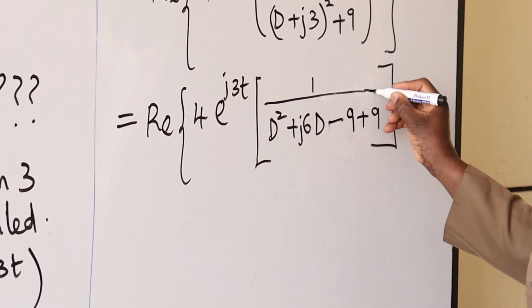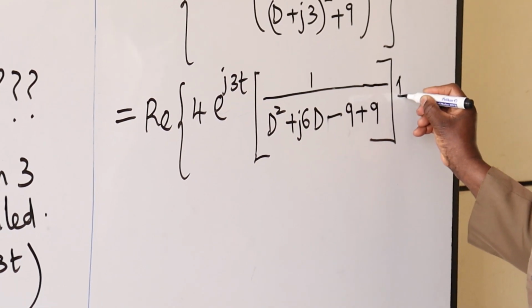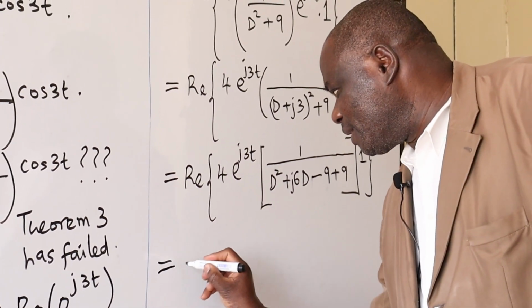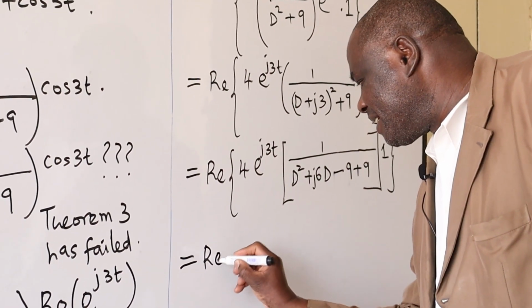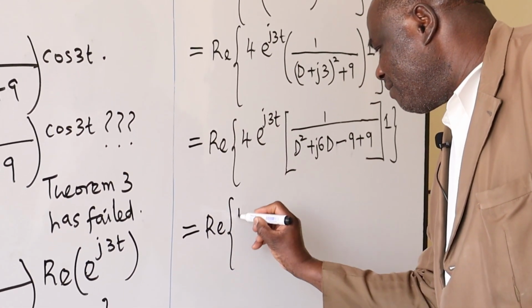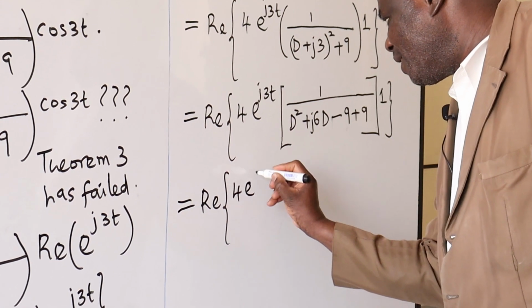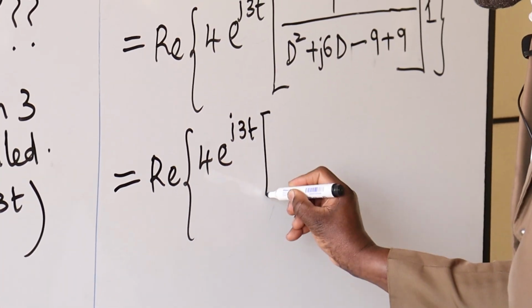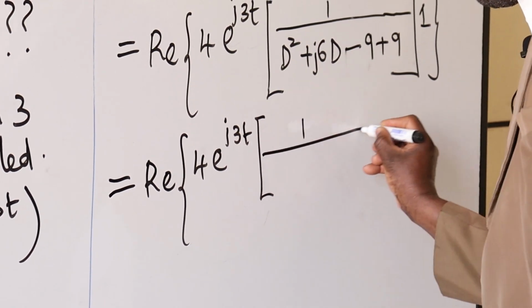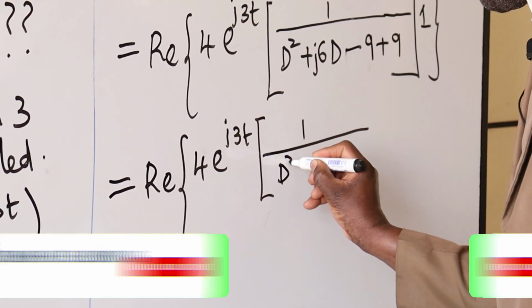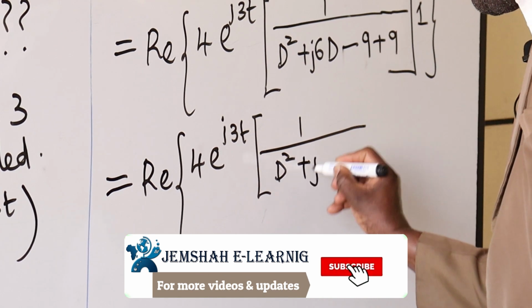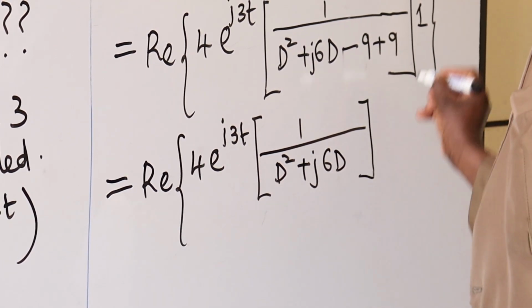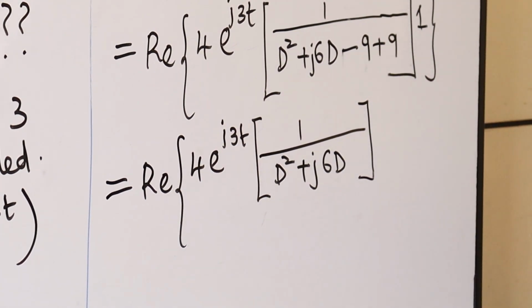This one now acting on 1 will be equal to the real part of 4 exponential j3t, and we remain with 1 all over D squared plus j6D. But 1 has got so many names on this earth.